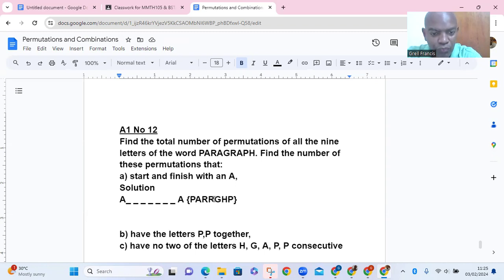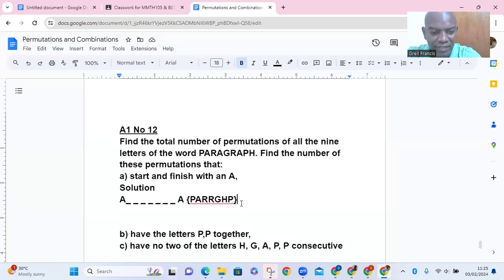So basically what we are going to do here is to arrange 7 letters, which has 2 R's and 2 P's.